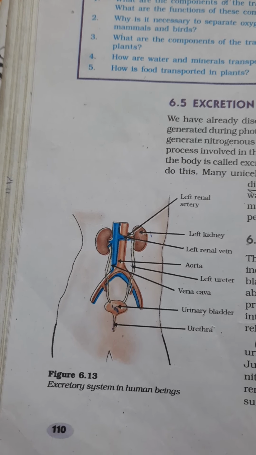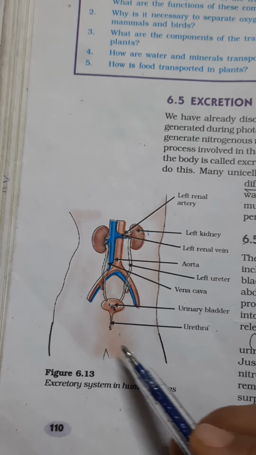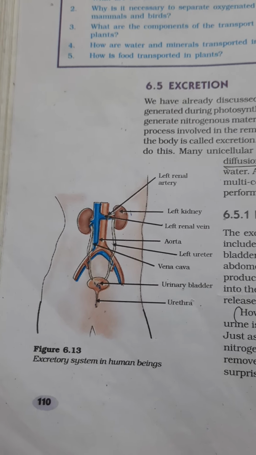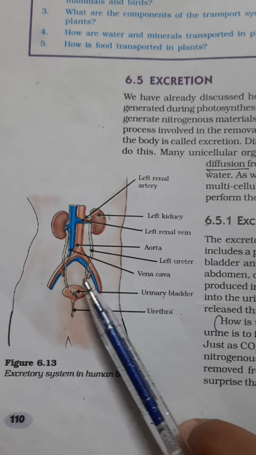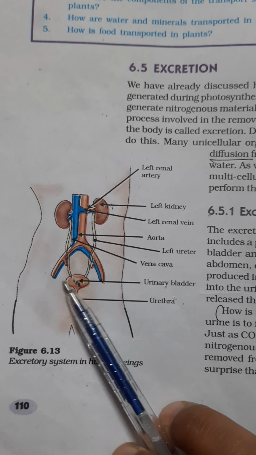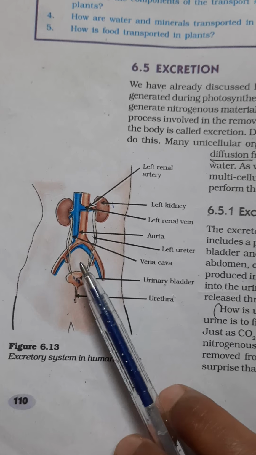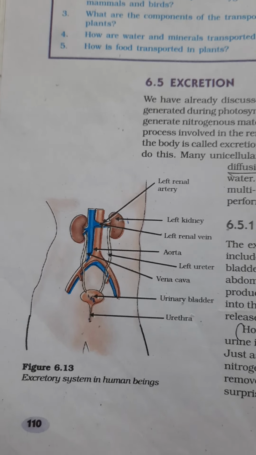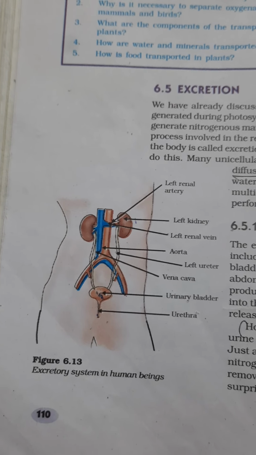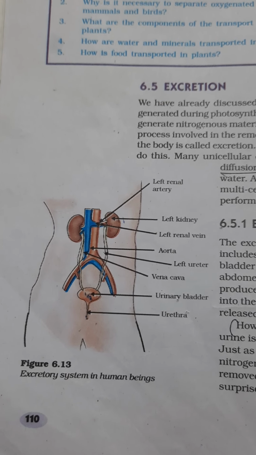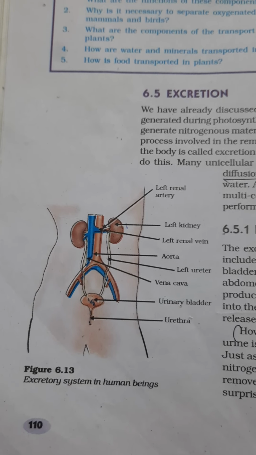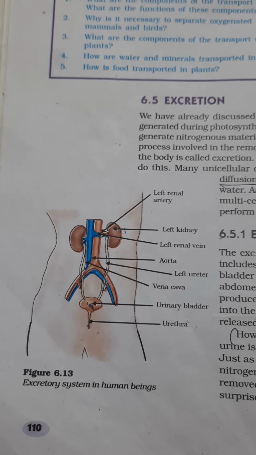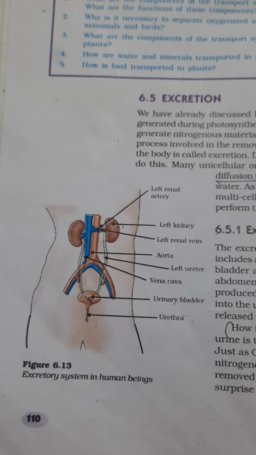As soon as the sphincter muscle relaxes, we urinate. We can store the urine in the urinary bladder until we release it through the urethra. Now remember, our excretory system consists of four parts: kidneys, ureters, urinary bladder, and urethra.